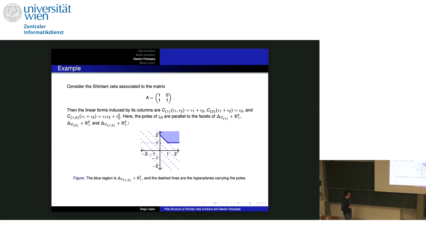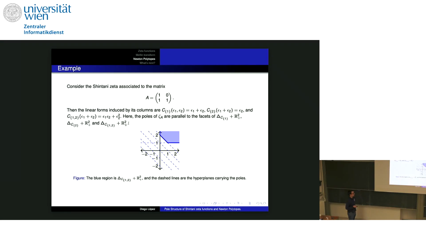Then we add it with R^2 plus, and we have this blue area here. Then the Shintani zeta function admits a meromorphic continuation where the poles are contained on these hyperplanes, which are parallel to the facets of this blue area here. Here I only drew it for this polynomial. I'm missing the drawing of these other two, but when one works it out, we see that here are all the possible poles.